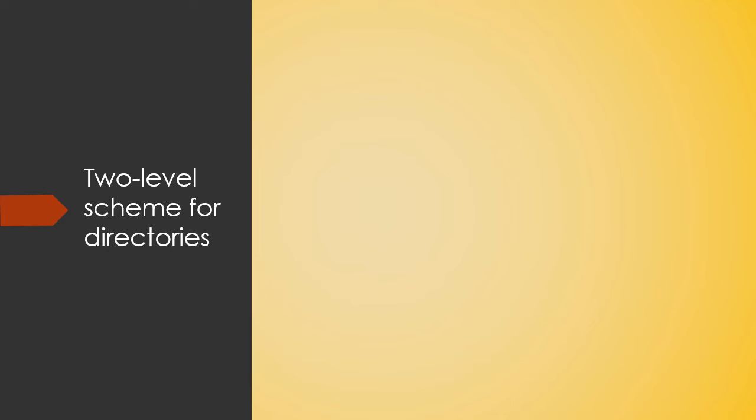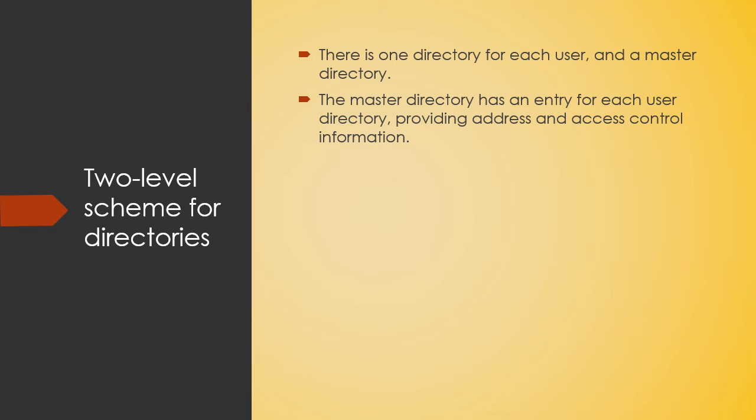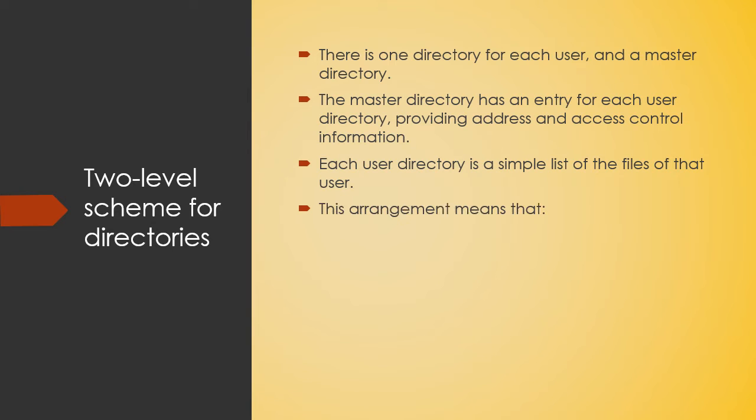Two-level scheme for directories. There is one directory for each user and a master directory. The master directory has an entry for each user directory providing address and access control information. Each user directory is a simple list of the files of that user.